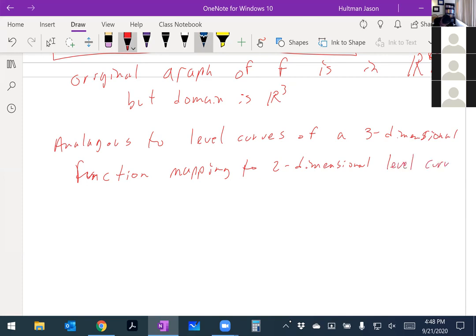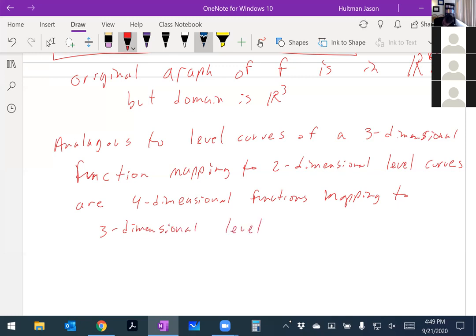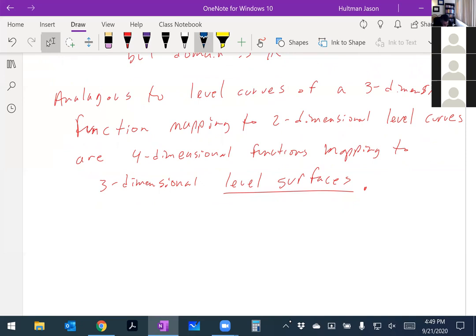Level curves. Okay, are four-dimensional functions mapping to three-dimensional level, and we call these level surfaces. Okay, level surfaces.